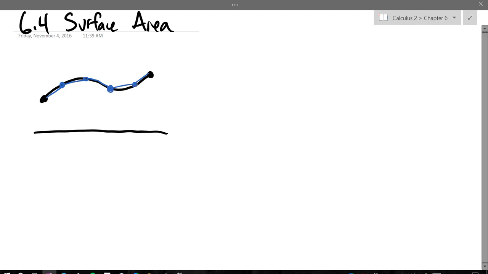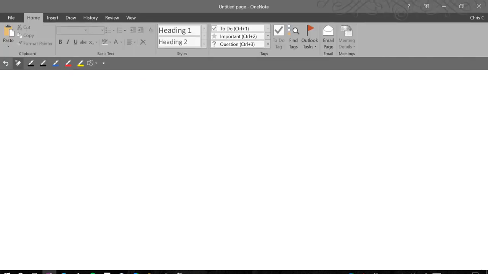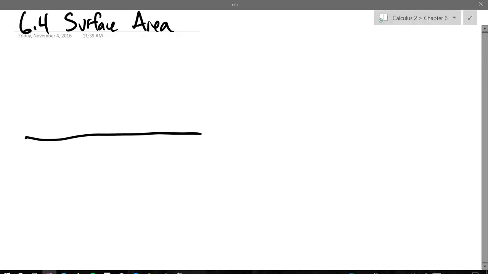Let's focus in on one of these segments right here. I want to have a lot more curvature on here, so let's start over. It's going to look pretty similar. There we go.